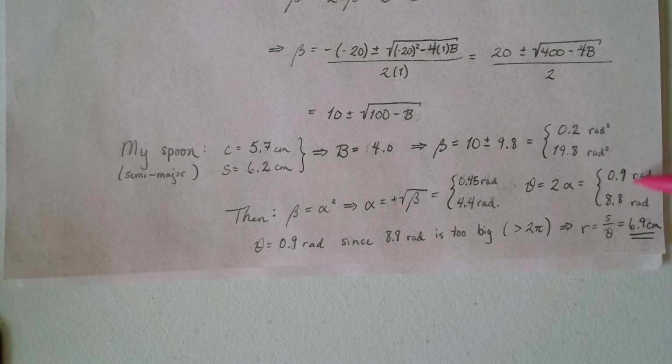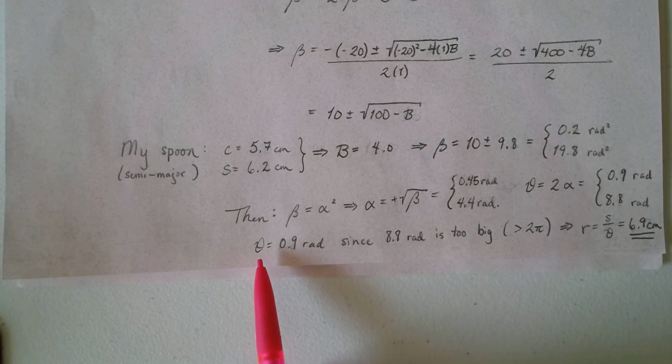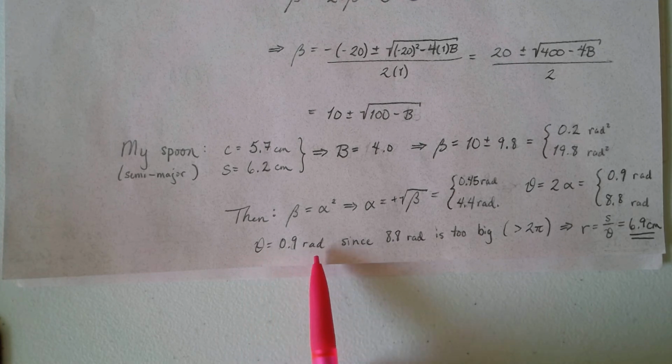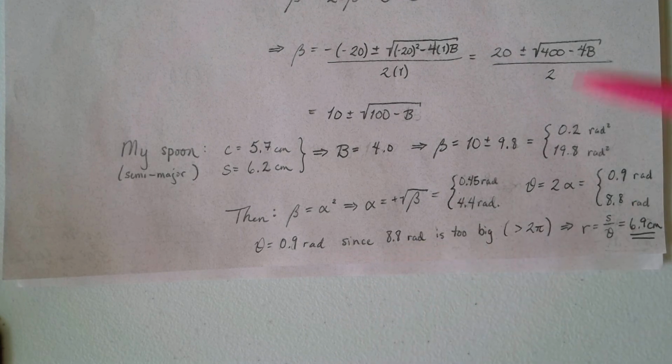So these are the two roots that you would get effectively. There should be four, but the other two just have a minus sign, and we neglected those since we're just choosing the positive ones for all intents and purposes. We then choose 0.9 radians, since 8.8 radians is too large.